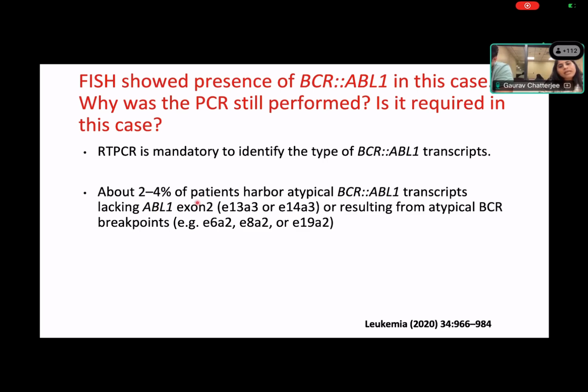But sometimes there may be exon 3 of ABL involved instead of exon 2. And an atypical BCR breakpoint may also happen, where a breakpoint in exon 6, exon 8, or exon 19 may happen. So these cases will not be identified by your quantitative PCR.